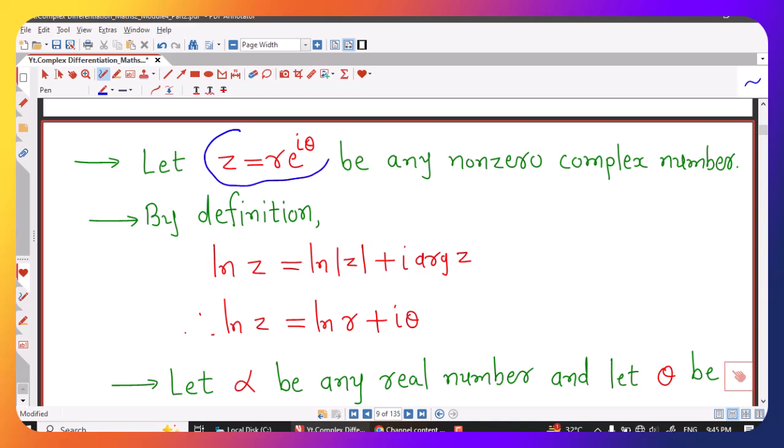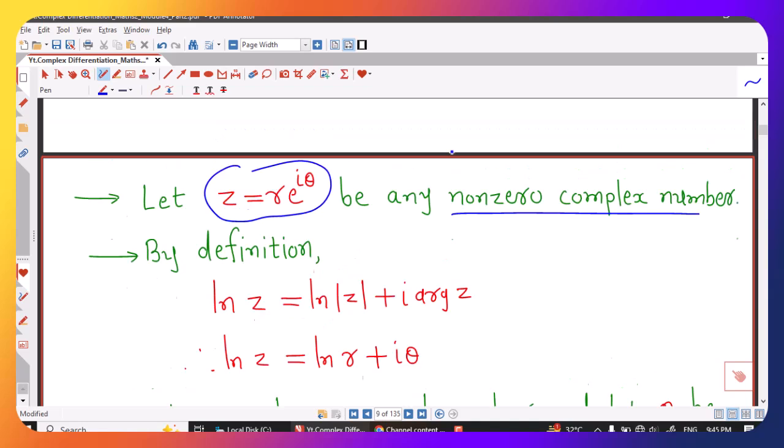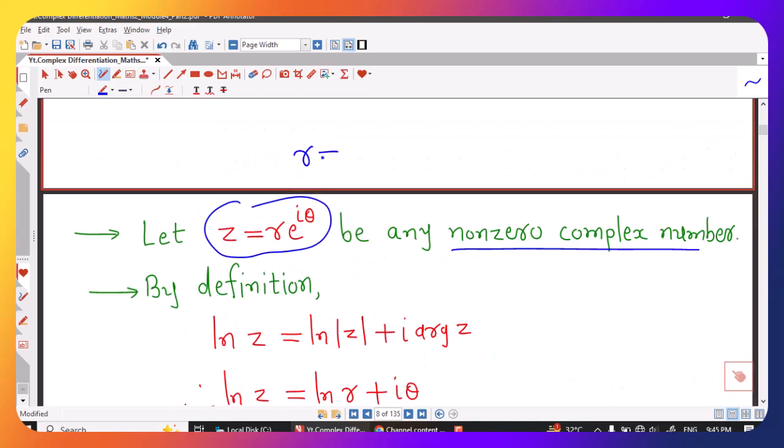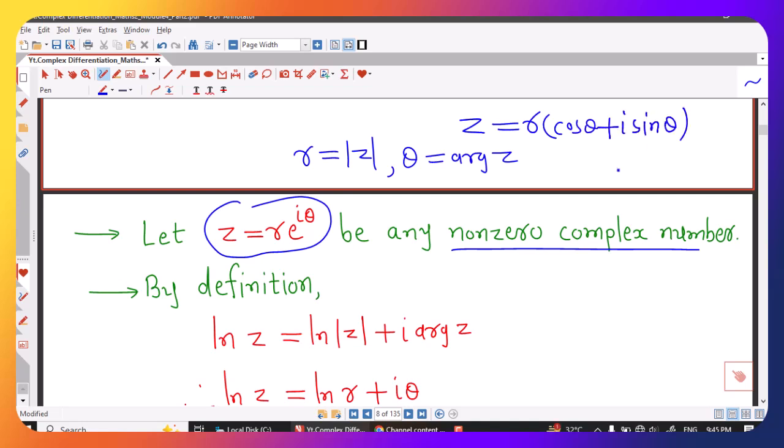We have written the polar form of a non-zero complex number. We know that if r is the absolute value of z and theta is the argument of z, then the polar form of z is r into cos theta plus i sin theta, and this we can rewrite as r into e raised to i theta.